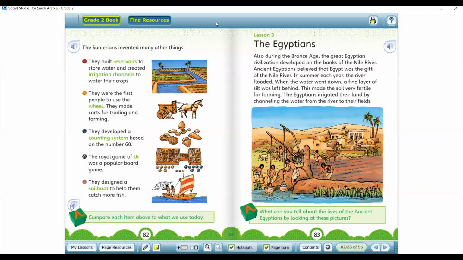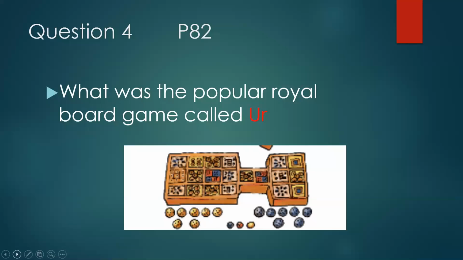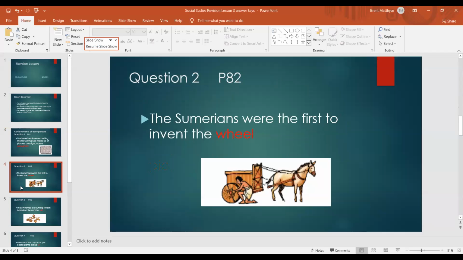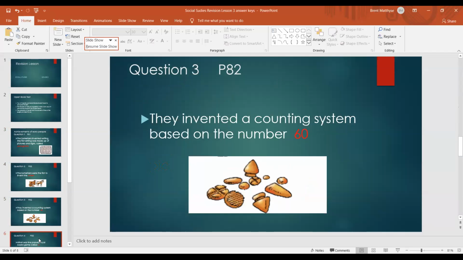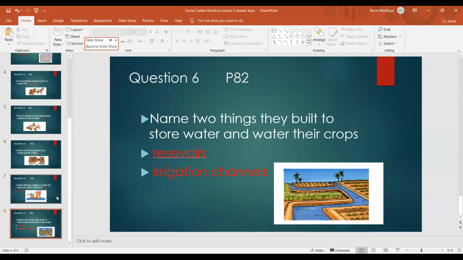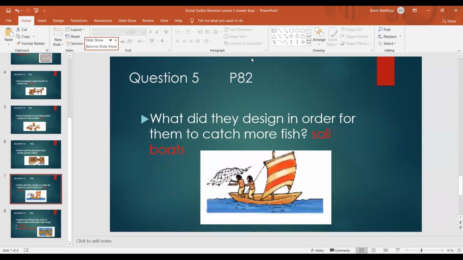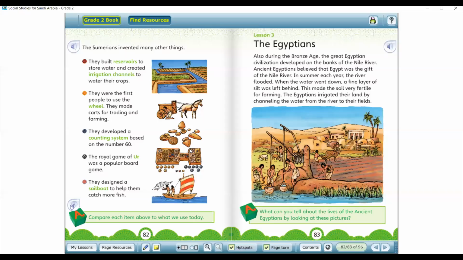Our next question, the answer, number 5. What did they design in order for them to catch more fish? The sailboats. So sailboats were very important for them to catch more fish and to eat, etc. Right, going to show you where I found that answer.